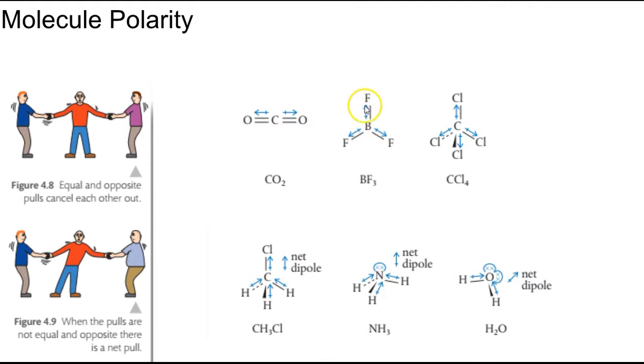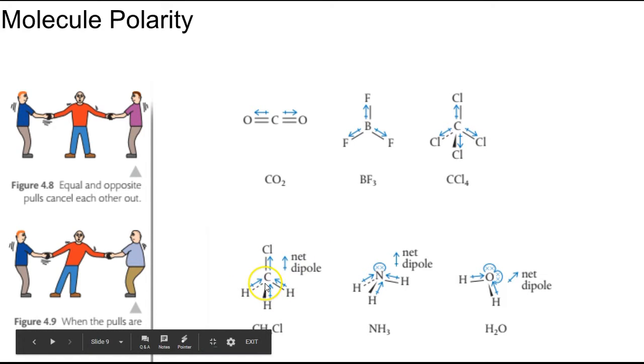However, the polar bonds have symmetry, and so therefore this molecule as a whole is non-polar. Same thing with this carbon with 4 chlorines around it. Chlorine is very electronegative compared to carbon, so we are going to have polar bonds here. However, the molecule as a whole, because of symmetry, does not have one side that is positive and one side that is negative.